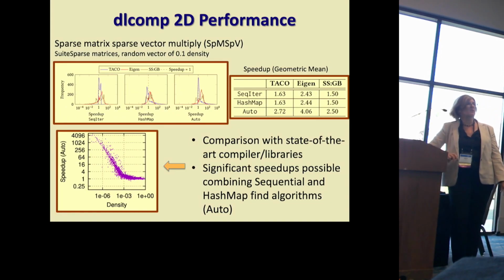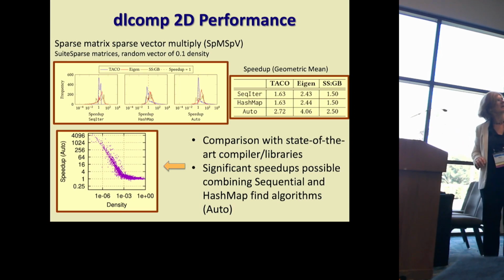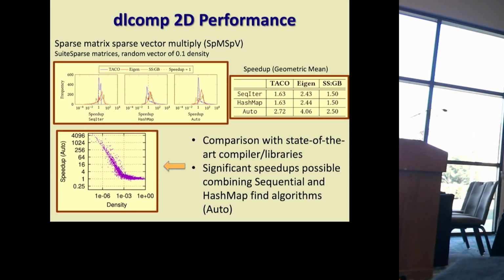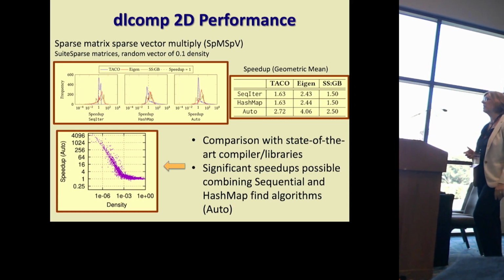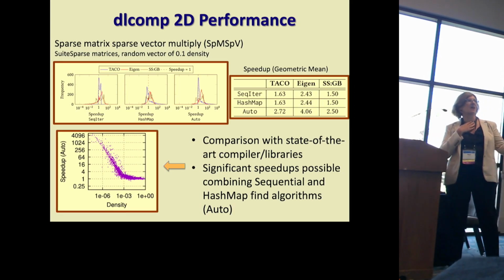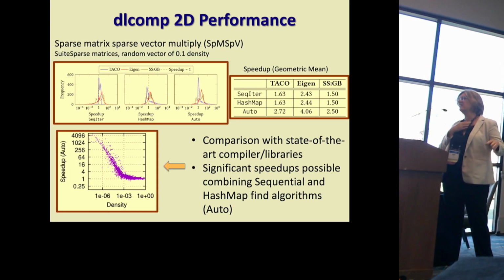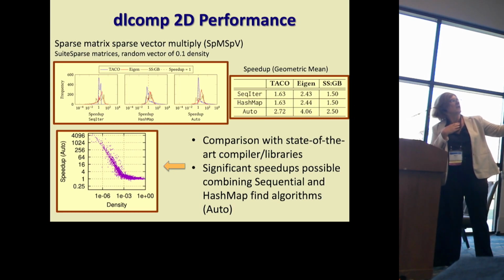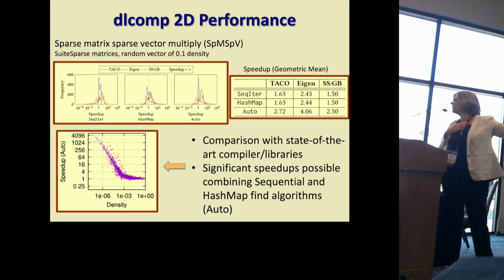Okay, and so just a few more performance results. This paper has a bunch of comparisons. This is for sparse matrix times sparse vector, and we compared with Taco, Eigen, and SuiteSparse GraphBLAS, and these are all the matrices that we could run in the SuiteSparse collection, and the picture shows everything to the right of one is where dlcomp achieved a speedup.